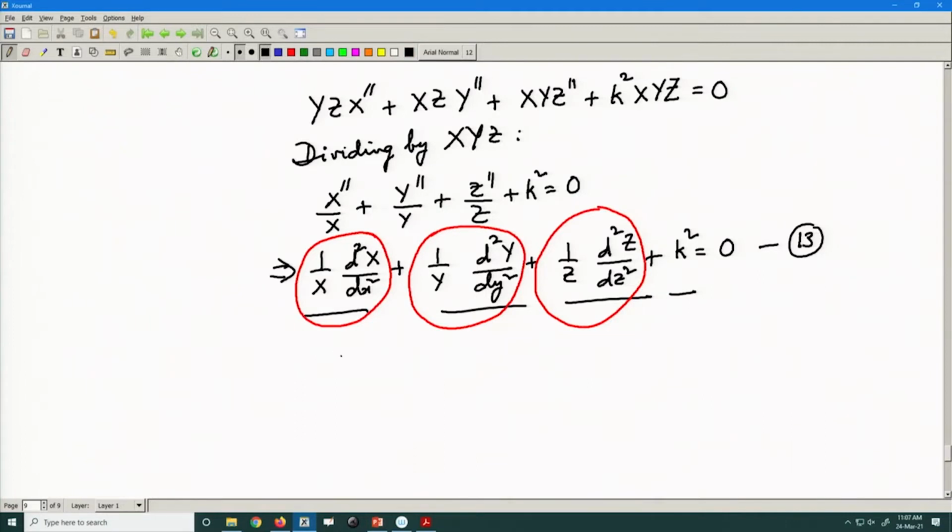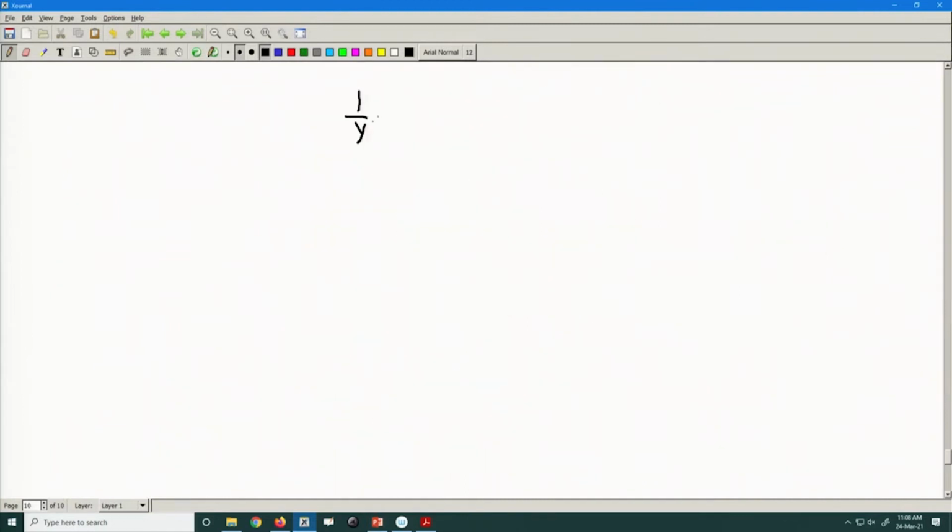So, therefore, we can write 1 by X d square X dx square is minus k x square, 1 by Y d square Y dy square is minus k y square, and 1 by Z d square Z dz square is minus k z square.